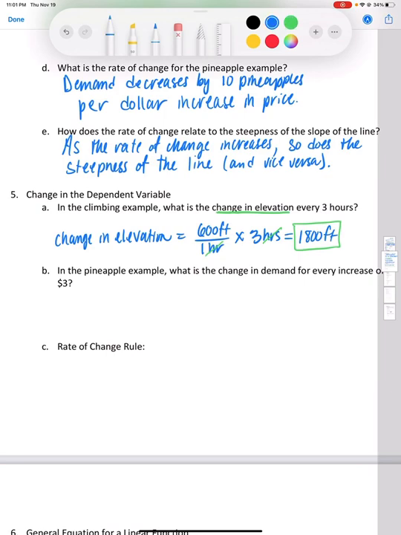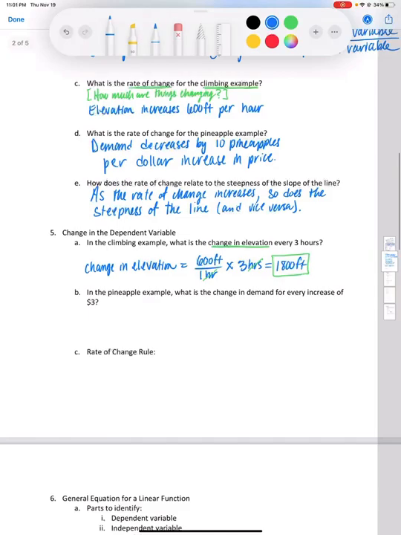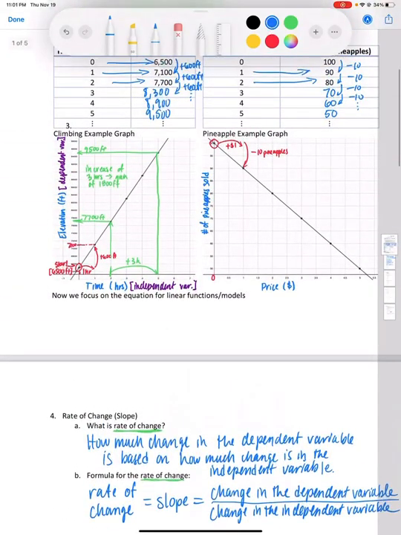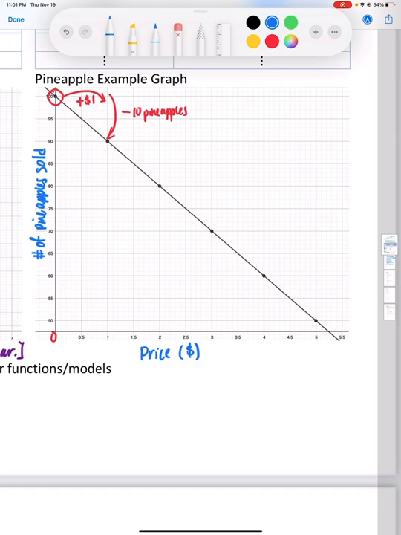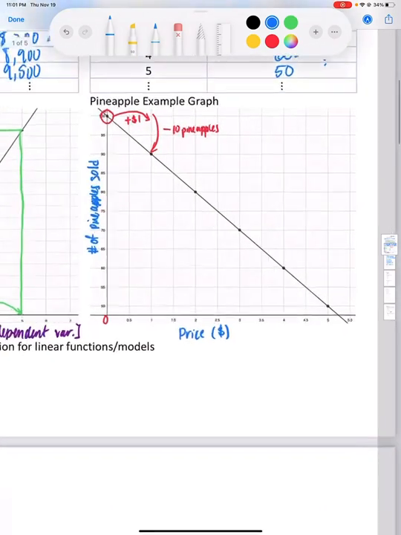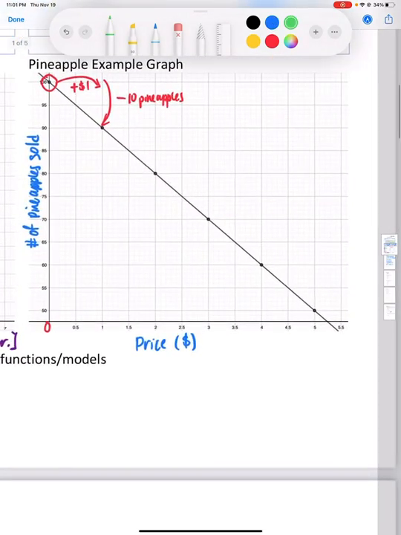And we're going to do our pineapple example. In the pineapple example, what is the change in demand for every increase of $3? Going into our graph, we're going to increase the price $3. Let's start at, say, $1. And we're going to go over to $3, which is 1 plus $3 is $4.